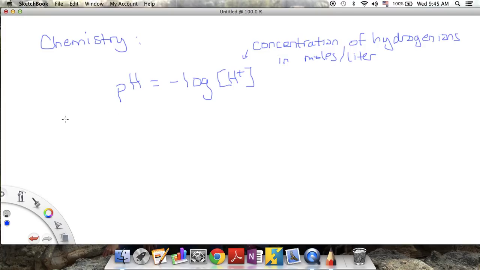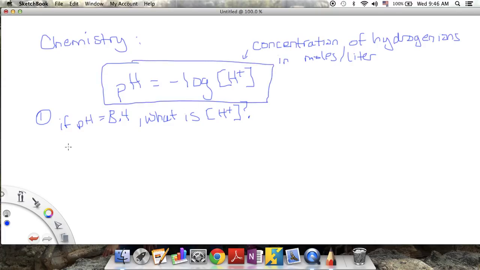So for example, if we have a pH of 8.4 and we want to know what our concentration of hydrogen ions is, how would we solve that? Well, we just plug it into this formula here. So our pH is 8.4, and that equals negative the log of the concentration of hydrogen ions. So we do some algebra.